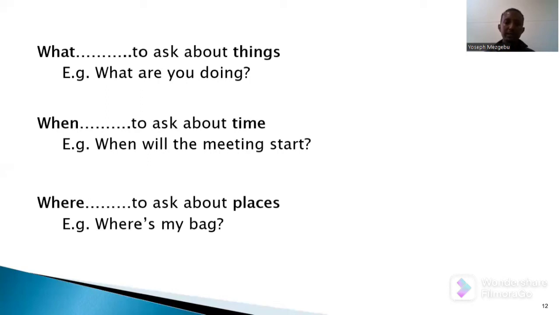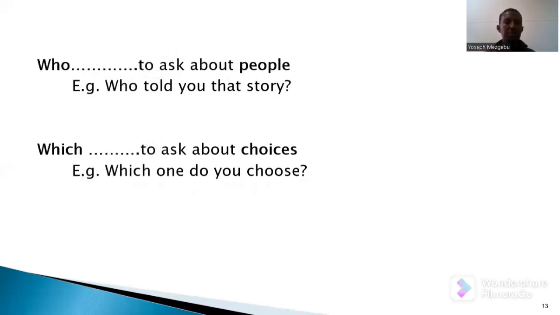When will the meeting start? It doesn't refer to things or people. Where is used to ask about places. Where are you going? Where is my bag? It refers to places. I brought these because they are basic. Here: who told you the story? We can say Kebede or Alemitu.